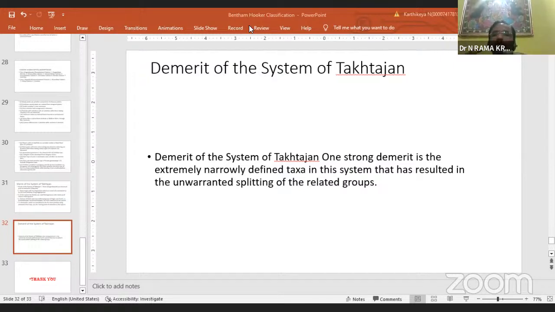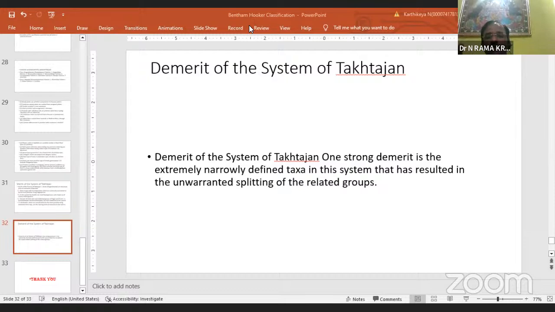Now we are going to discuss the most important recent classification, that is, recent trends in plant taxonomy.